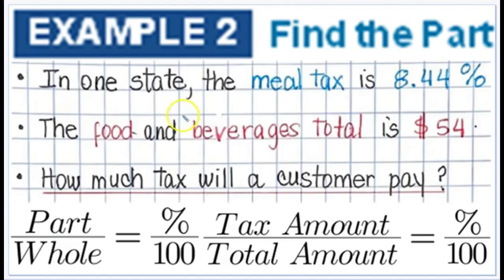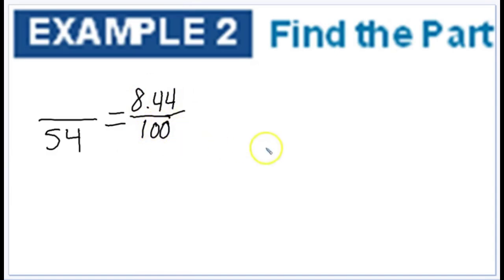Okay, no part, but we've got the total of 54. All right. We've got the percent, which is 8.44, and then we all know what goes under the percent. It is 100. Okay. So now what do we all do? Bat and ball, that's right. So bat, draw the bat. All right. Draw the ball.